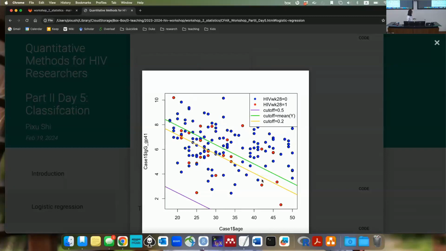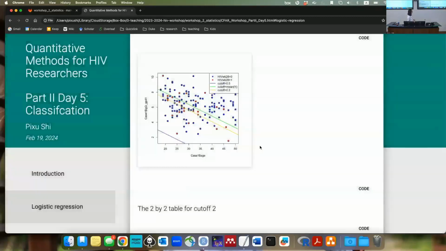And if you use the green line, then all the blue dots on this side are wrongly classified, and all the red on this side are also wrongly classified. That proportion is called the misclassification rate. Later on, I will also introduce other measures for classification accuracy, but the most straightforward one is the misclassification rate.